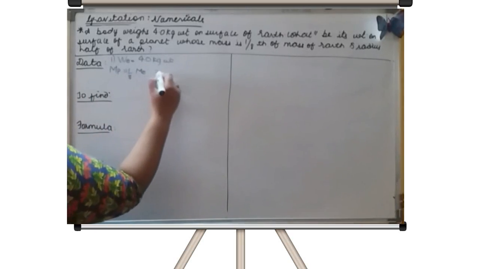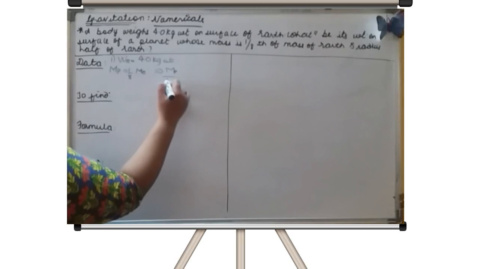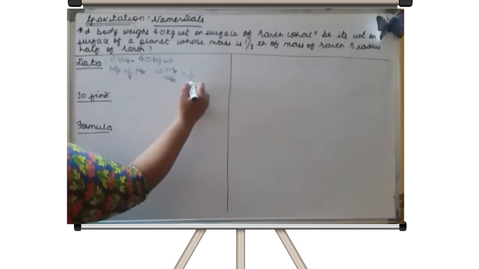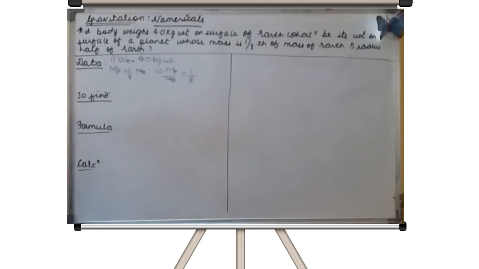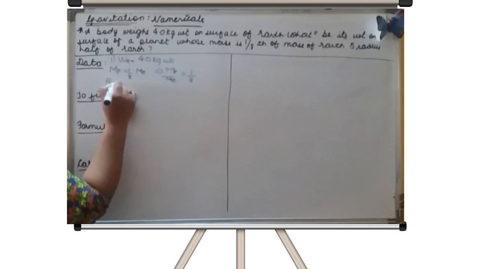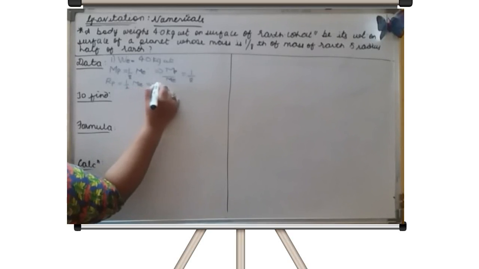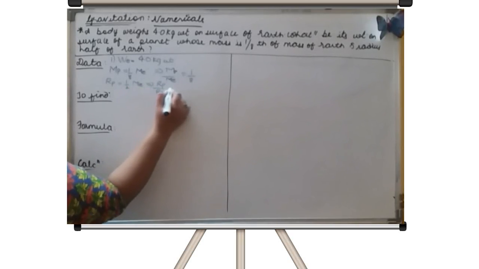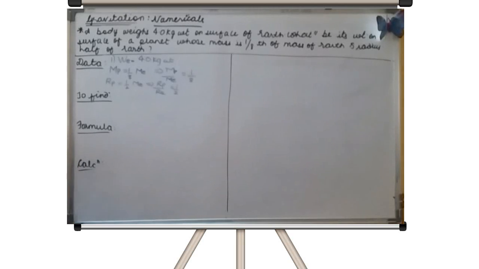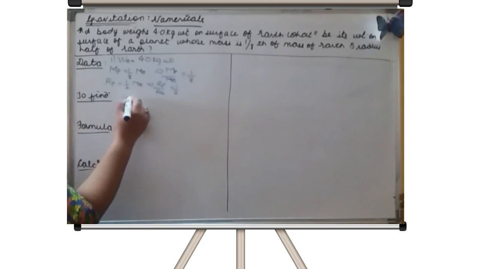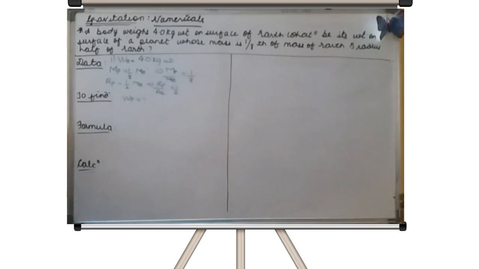That means mp upon me is equal to 1/8. In the same way, rp is equal to half of the radius of earth. That means rp upon re is 1/2. What we have to find? Weight of the body on the planet.